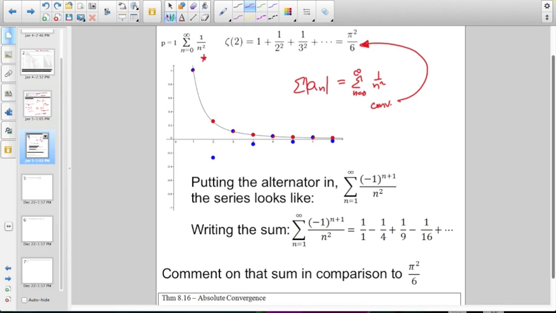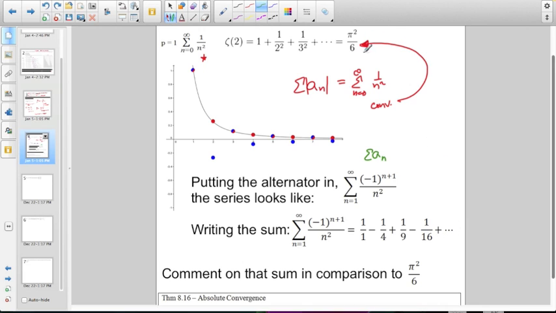When we look at the alternating series, as we express it consistent with the last page, the sum of a sub n, we have this alternator over n squared. So the only difference between this and this is the alternator. Then we have, instead of this sum, 1 minus 1 over 4 plus 1 over 9 minus 1 over 16, and so on and so forth.